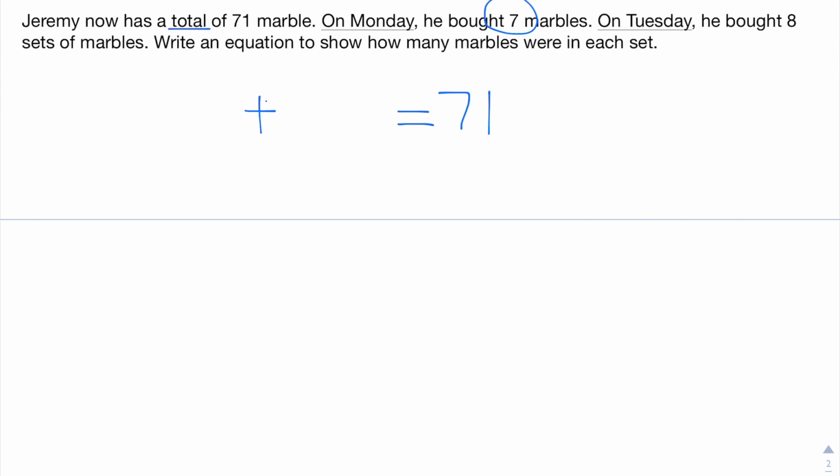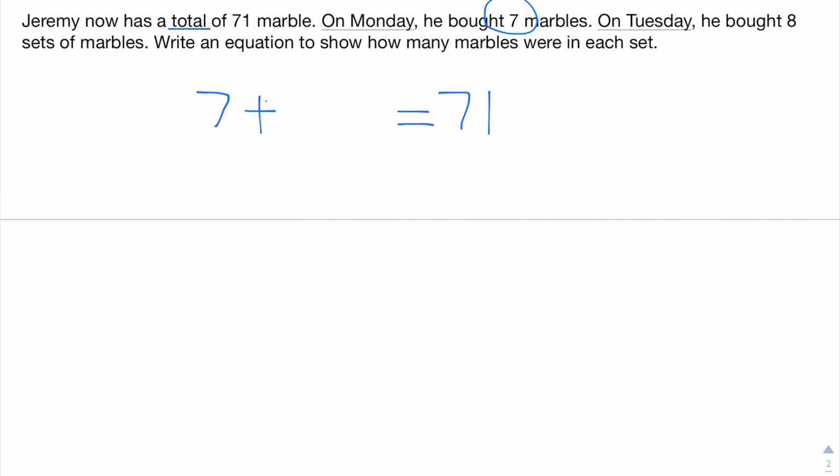So in one of my spots, it tells me that I have 7 marbles. Now I'm just going to write 7 by itself because I don't see any keywords that tell me that I'm multiplying anything or doing any other operations. So I'm just going to put 7 by itself.